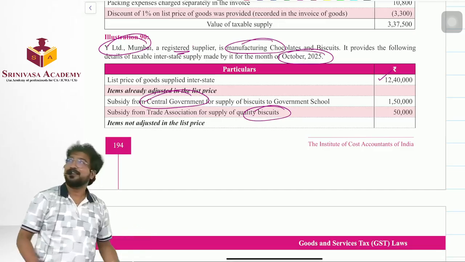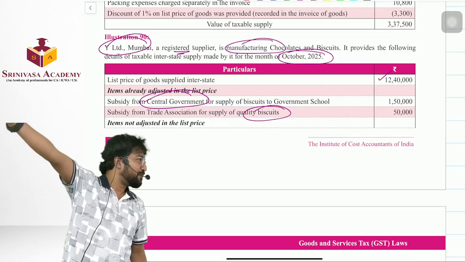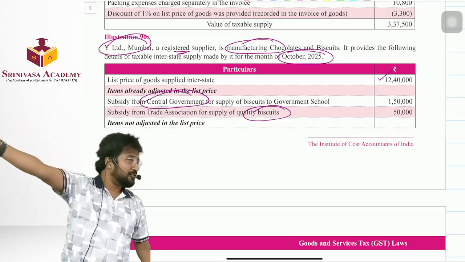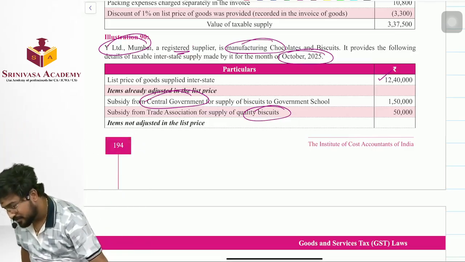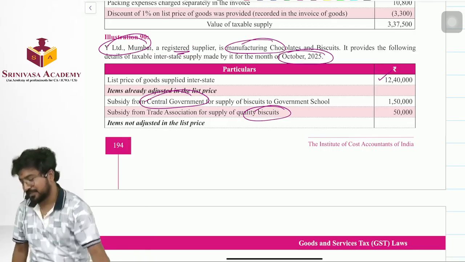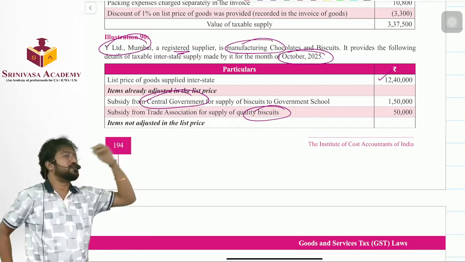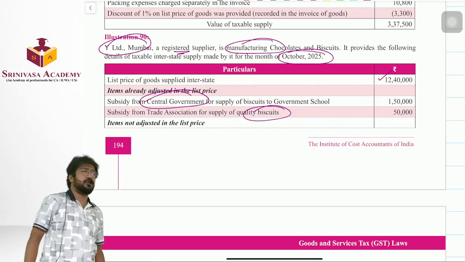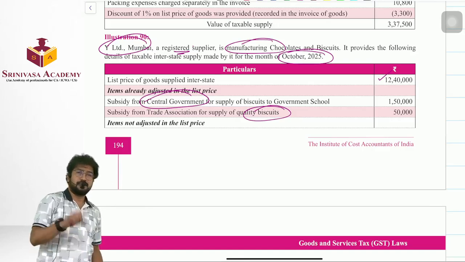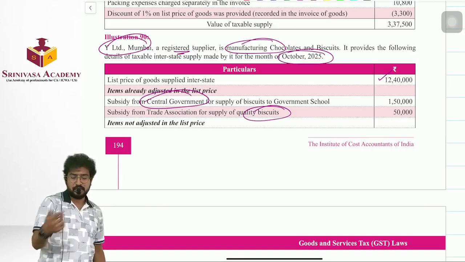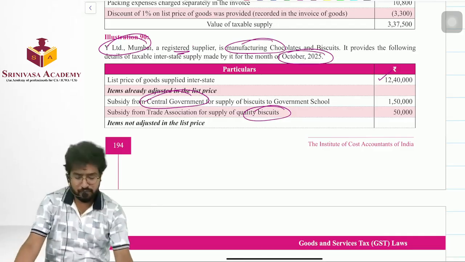This one. Wait. Yes. Listen. Sir, subsidy from government we will ignore. But subsidy from other than central government, state government, anybody else? Yes, we have to include.